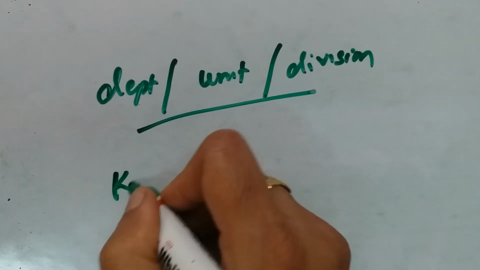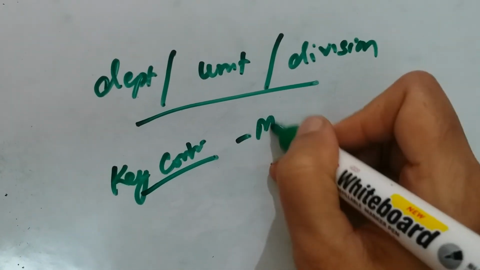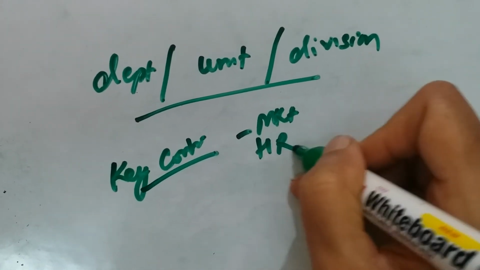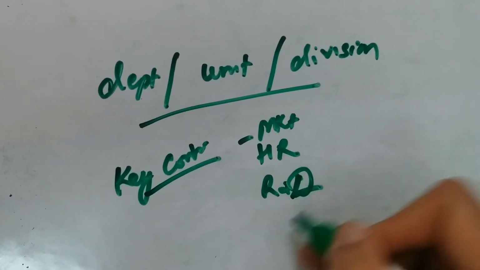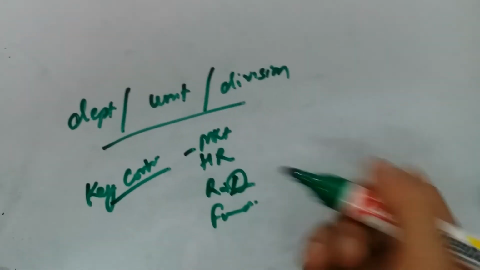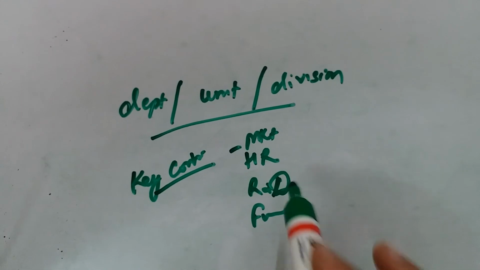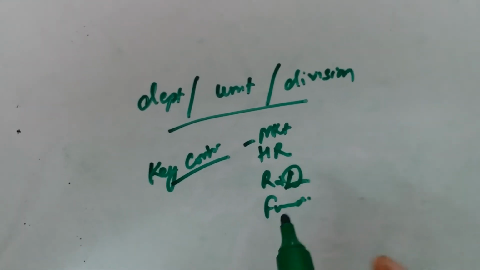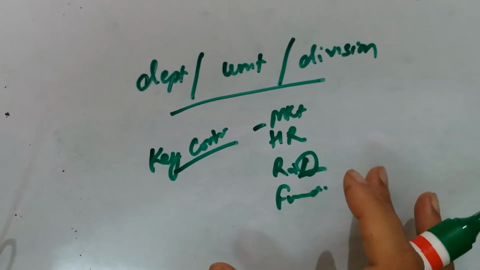Key cost centers in an organization can be the marketing department, human resource department, R&D department, finance department, and the production department also. These are all key centers because we are incurring costs. Money is being spent at all of these, and we want to have optimum control on that cost.